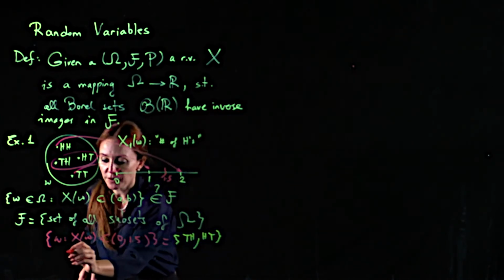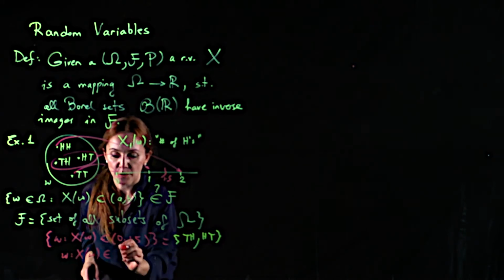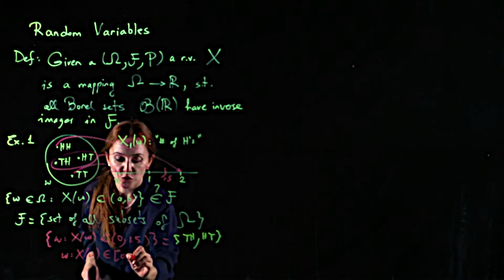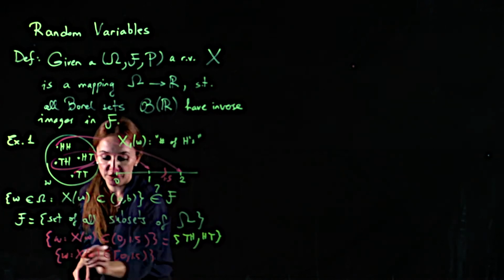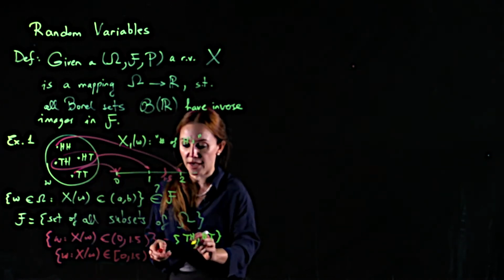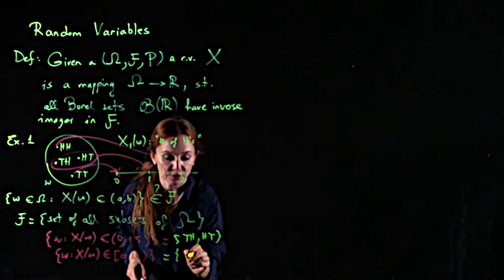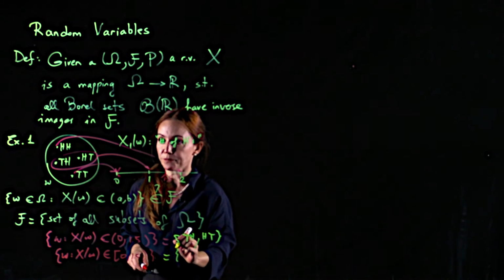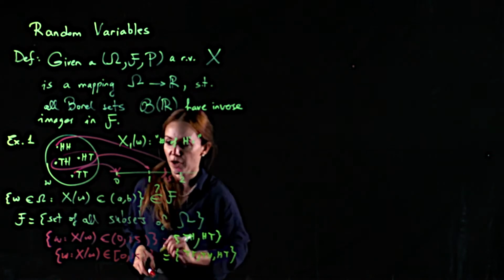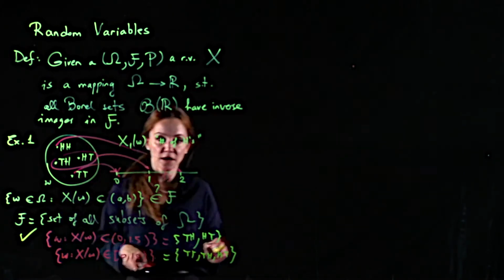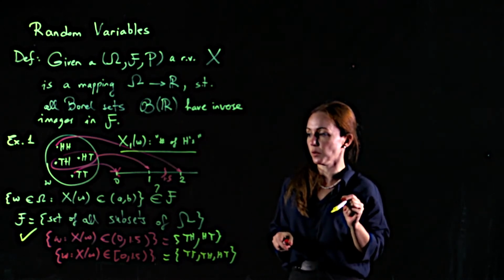However, on the other hand, if w maps to 0 to 1.5 inclusive, where 0 is included, in that case, we would have TT as well. So TT, TH, HT. So if this is F, then this random variable is a valid random variable.